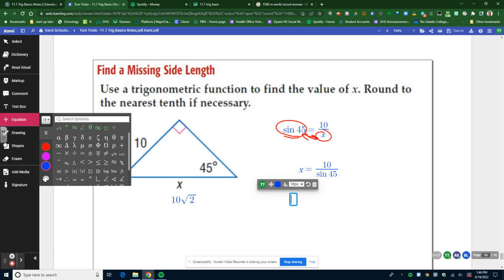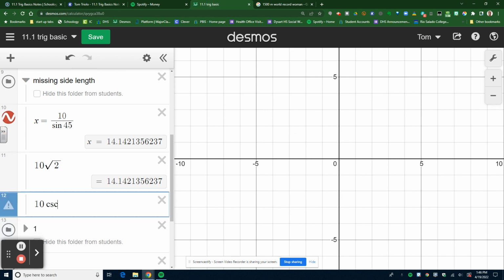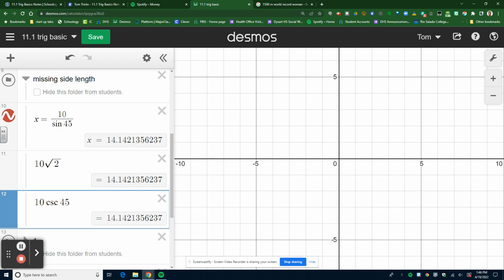So cosecant 45 equals x divided by 10. Because if I do it this way, then it's just 10 times cosecant 45. Hey, look at that. I don't care which way you do it, as long as you come up with 14.1.